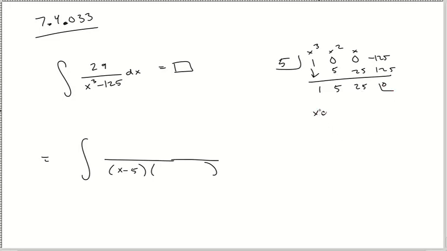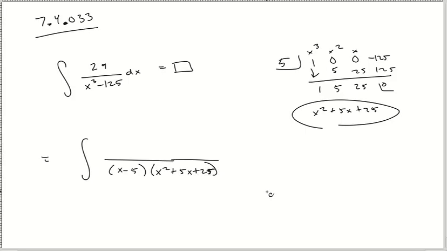Good. But my answer now is going to be x squared plus 5x plus 25. Now, I'm definitely assuming you could do synthetic division, because that's definitely something you need to have. Okay. So what I'm going to do is write that as my answer, I suppose, the other factor.